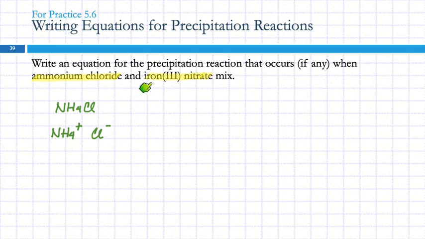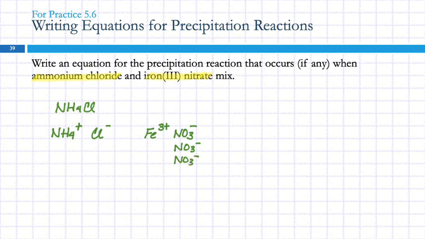And then the other one is iron 3 nitrate. So iron is Fe, because we memorized that. The Roman numeral tells us what the charge is. So this is Fe3 plus. And then nitrate ion, we have to memorize. It's NO3 minus. So then we need to put these ions together. And after a while, you can just kind of see it, but I think some of you are not there yet.